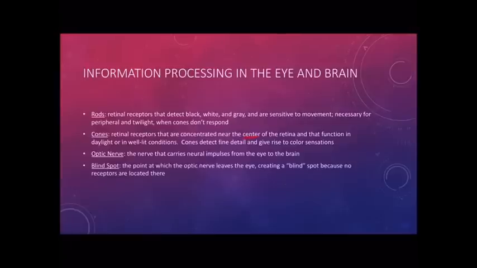If you're staring straight forward and you bring your finger from in front of your face all the way over past your ear on the side of your head, your blind spot is the point at which you stop being able to see your finger, the point at which your eye can no longer see back that far. That's your blind spot, and that is also the point where the optic nerve leaves the eye.